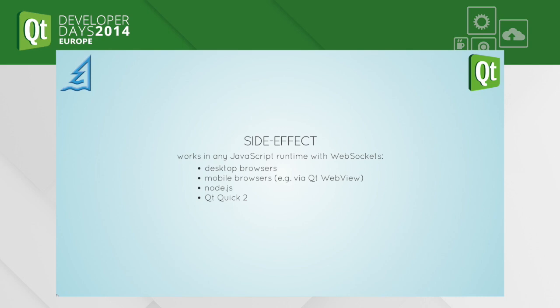Similar to what was mentioned in the talk before with Qt.io, you can now run applications in a desktop browser or in a mobile browser, maybe wrapped via the Qt Web View things, so iOS browsers, Android browsers. You could use Node.js server applications or Qt Quick 2 standalone applications that maybe run on a completely different machine. And as soon as you connect them via WebSockets and connect those in turn to the web channel, you can transparently access the same Qt objects from everywhere.